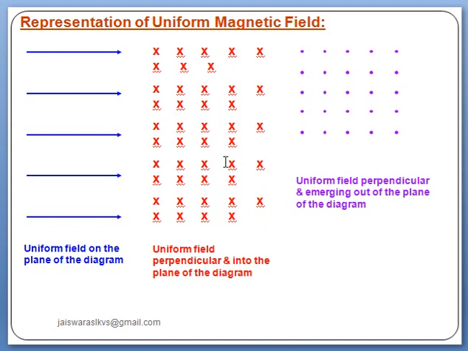This cross shows inward magnetic field, the direction of inward magnetic field perpendicular to the plane. So you are supposed to remember the meaning of these two symbols, that is very important, cross one and dot one. Okay, so this is the first point.